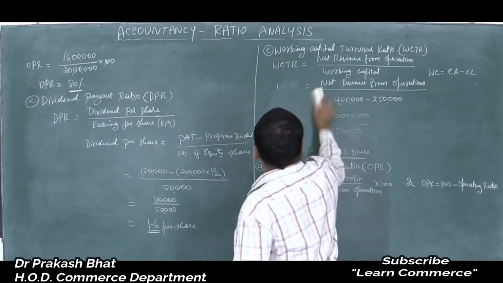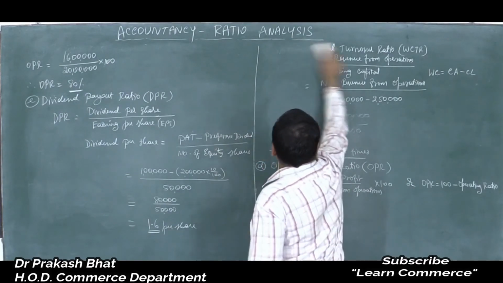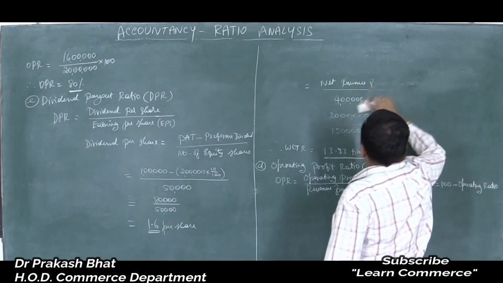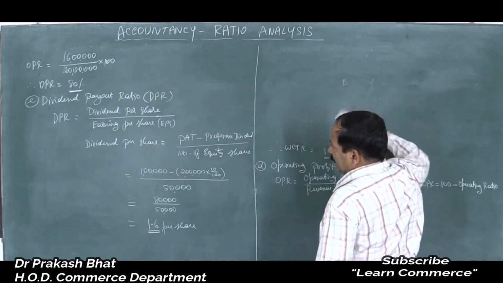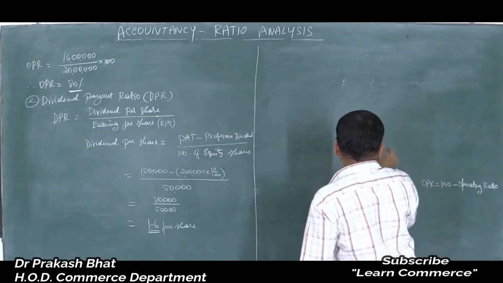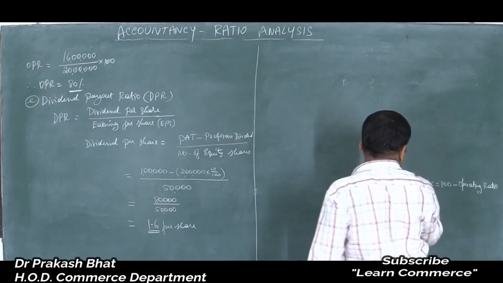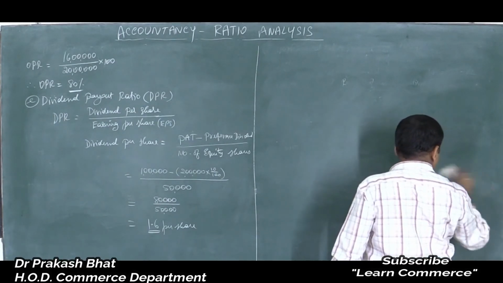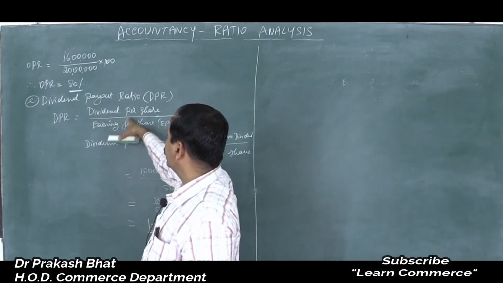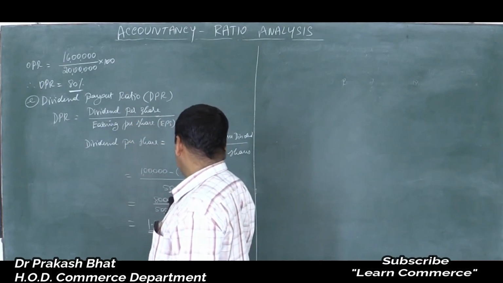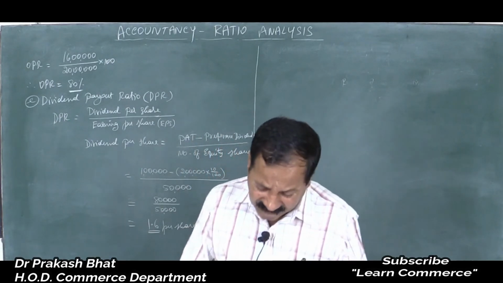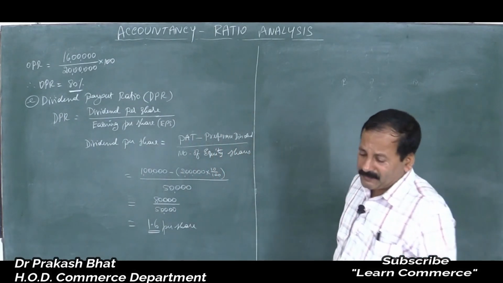Now let us substitute the figures in the formula so that it will be very clear now. Already we have calculated how much is the dividend per share. We got the answer, isn't it? 1.6. Now, what is the formula? Dividend payout ratio is equal to dividend per share, already calculated, divided by earnings per share. Earnings per share is given in the problem, 1.67.